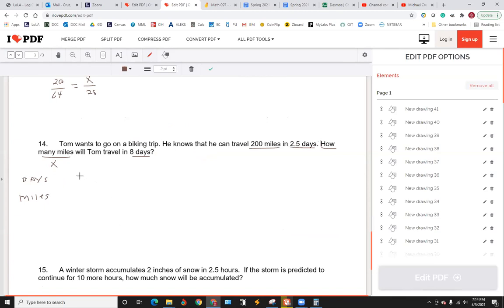So 2.5 is a day. And then over here on the equal sign, it's 8 days. On the left-hand side, we know the miles is 200. And what we don't know is how many miles go along with 8 days. It's 640, almost 4 times as much, but the only way we can do it is to solve it.